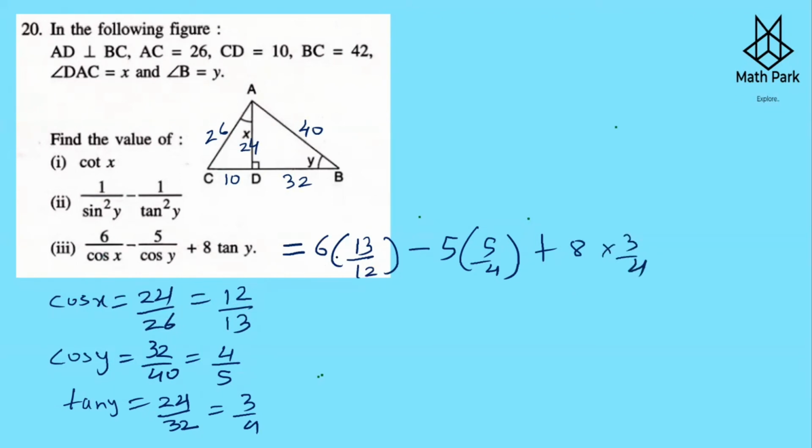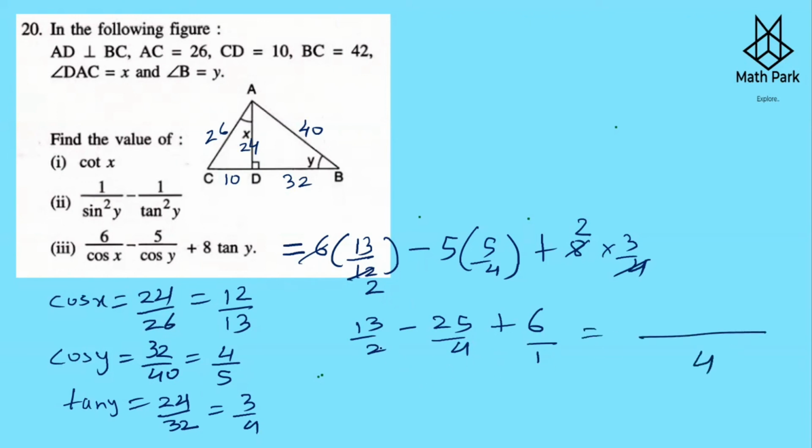So let us simplify this. We have 6 ones are 6 and 6 twos are 12. 4 ones are 4 and 4 twos are 8. So we have here 13 by 2 minus 25 by 4 plus 3 twos are 6. If I take the LCM to be 4, so let us take the LCM as 4.